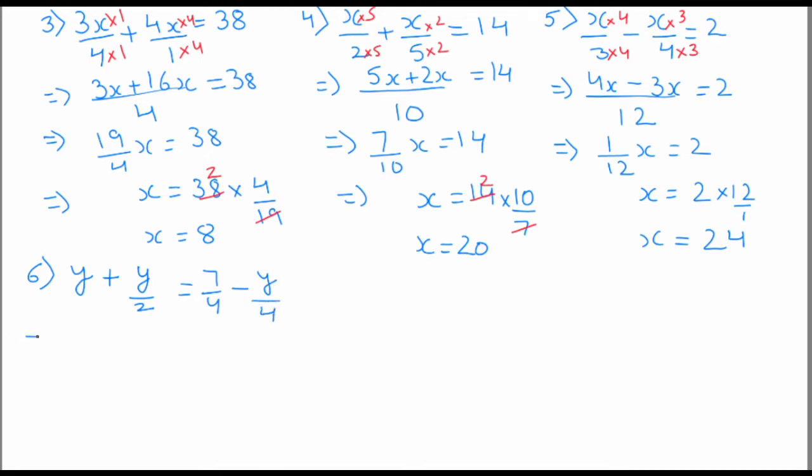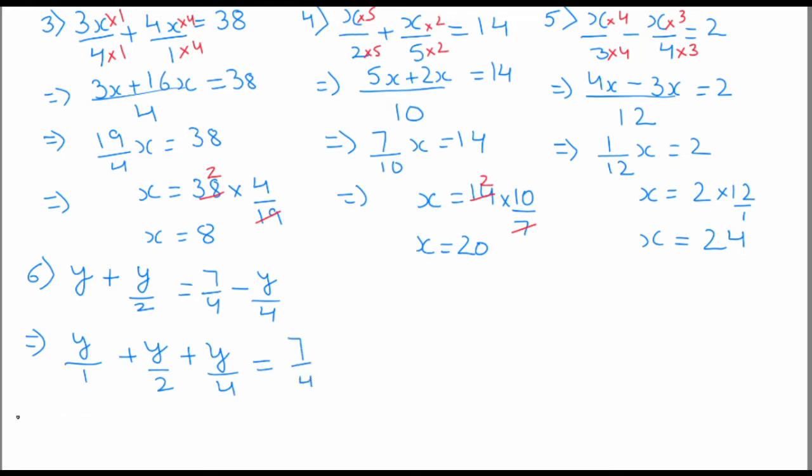First of all, we will put the denominator over here, and now we will carry the y by 4 that is on the right hand side to the left hand side, and this negative sign will become positive over here. So plus y by 4 equals 7 by 4.